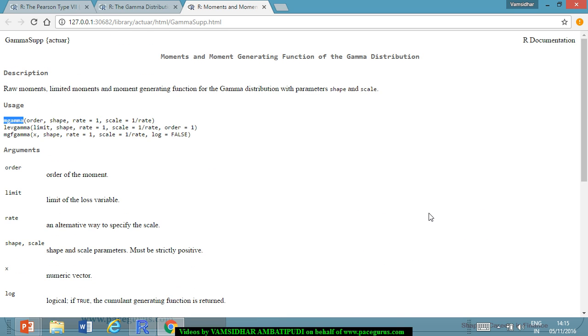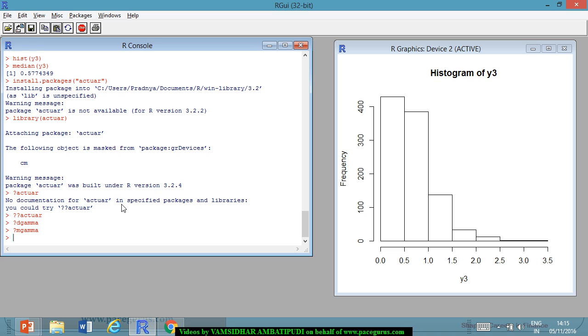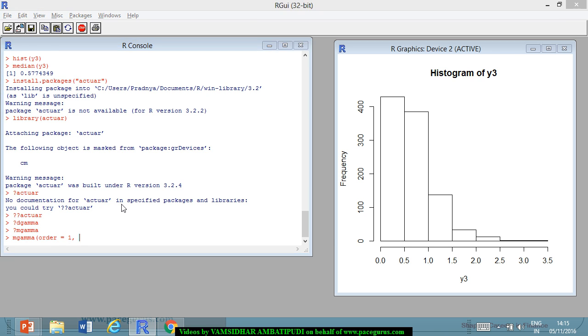So if I want M gamma, I just need to give the order of the moment. Let's say I want the mean of a gamma distribution. If I say M gamma and put order 1, order 1 is the first order expected value of X, which is the mean.